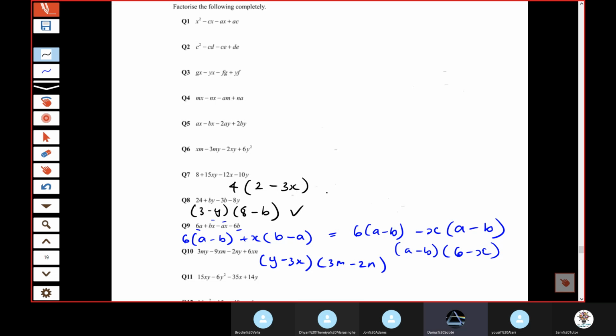And then minus 5y. I'm going to check it. 8 minus 12, minus 10, and plus 15. Looks perfect. And then 2 minus 3x, 4 minus 5y. Too good.